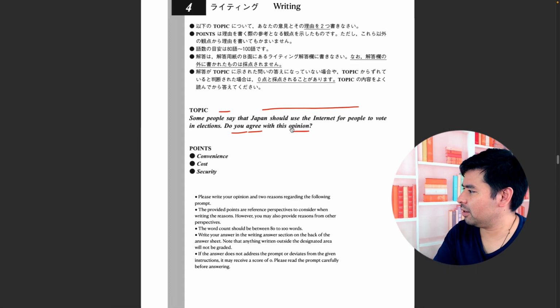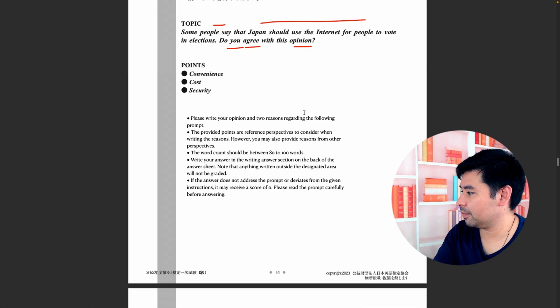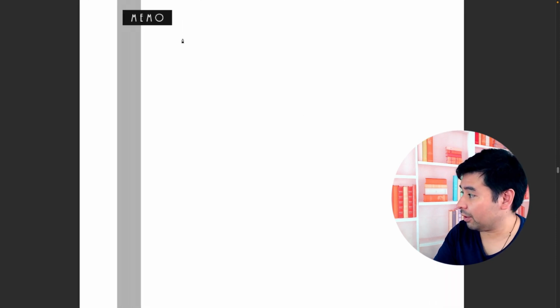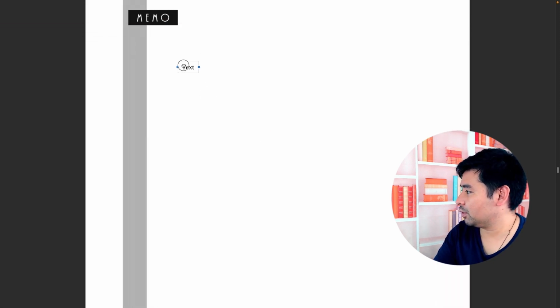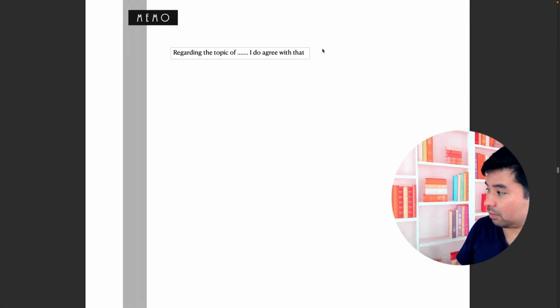Again, don't forget, here we have an amount of words from 80 to 100 words. It means that when you write, you count. So you can say, for example, "Regarding the topic of na na na na na na, I do agree with that", because, and then you count.